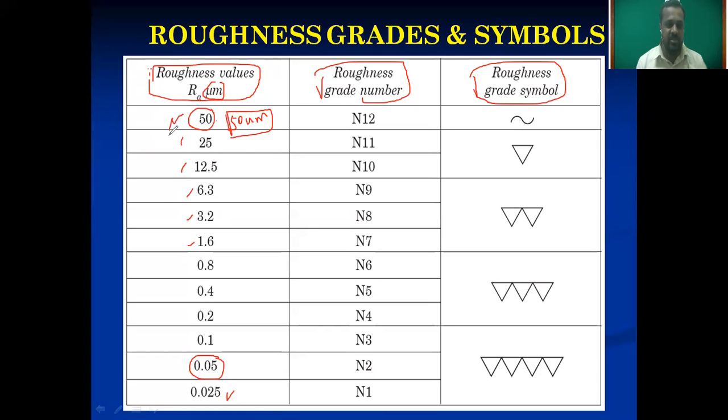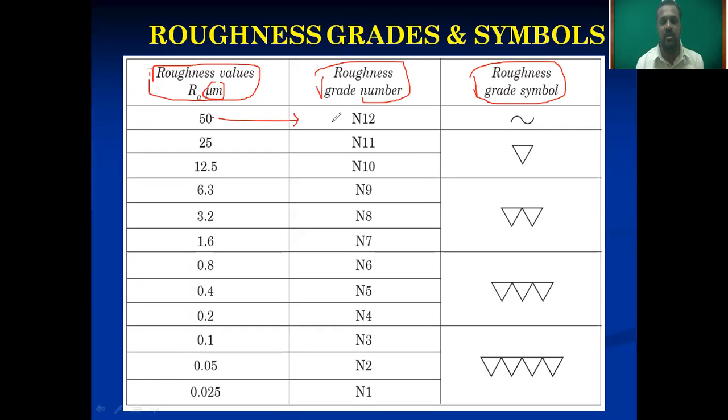See, this is the surface roughness value, and this is the grade for that surface roughness value. For example, for this 50 micron surface value, what is the grade?